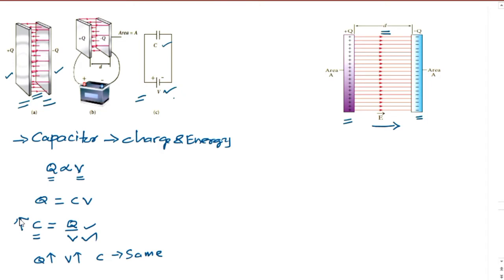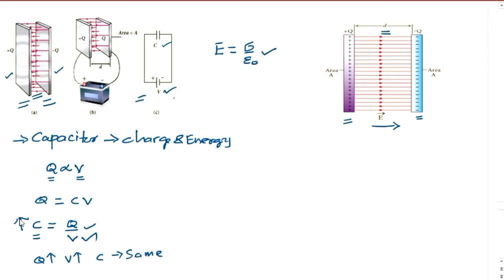Now what is the capacitance of a capacitor? Particularly for a parallel plate capacitor, we already know that the electric field between the two plates, by Gauss's law application, is simply sigma divided by epsilon naught. This result we already know.